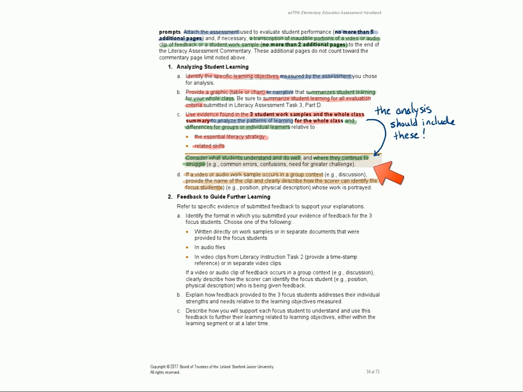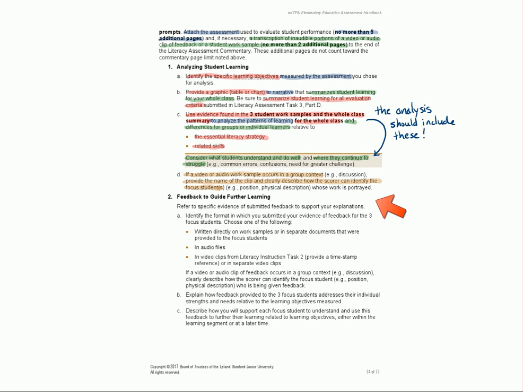All right? And finally, on this first section of analyzing student learning, if you have focus students in the video clip, you need to state how you may recognize them by what they're wearing or where they're sitting. All right? And that's a pretty straightforward request.